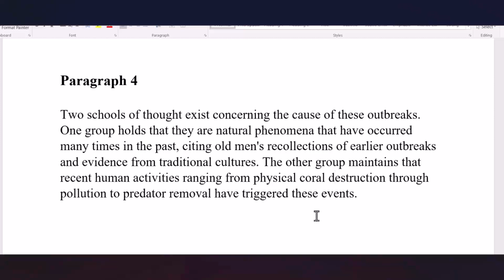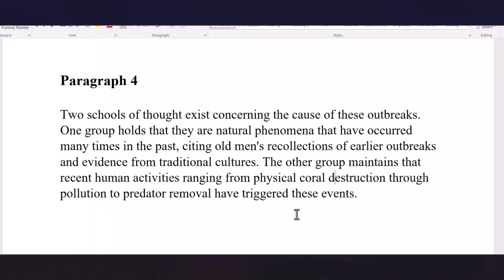This paragraph states two reasons for the Acanthaster outbreak, for actually increasing the number of Acanthasters and the coral destruction as a result of their attacks.